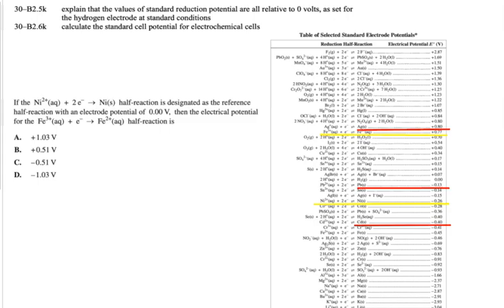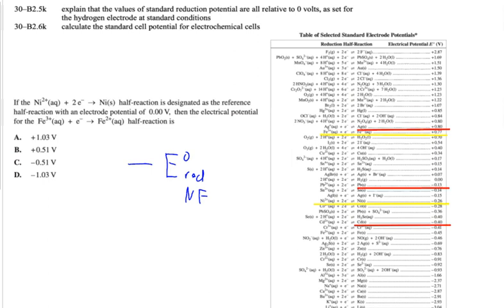In order to switch the reference, we would be subtracting from all the data in the table the E0 reduction of whatever our new reference is. That's what's going to let us quickly re-zero our new reference, and it would let us re-zero everything. So we want the nickel to be the new reference.